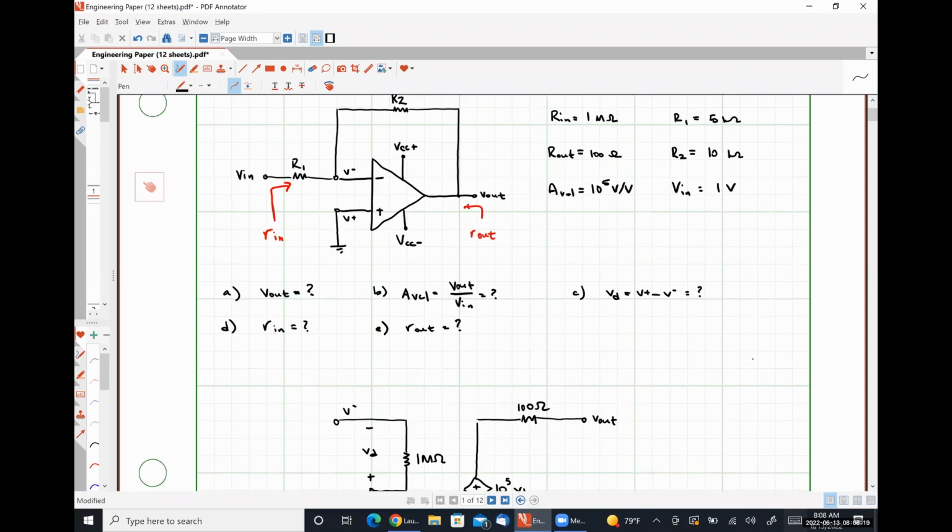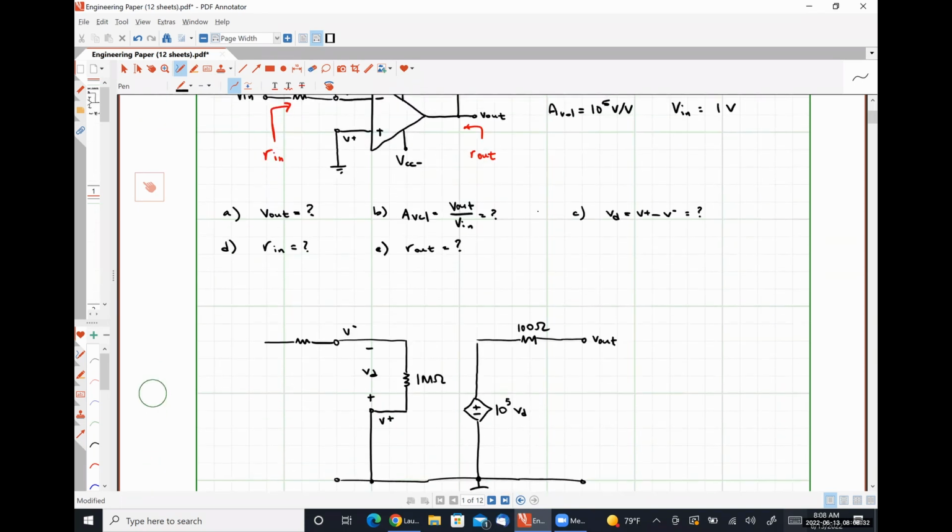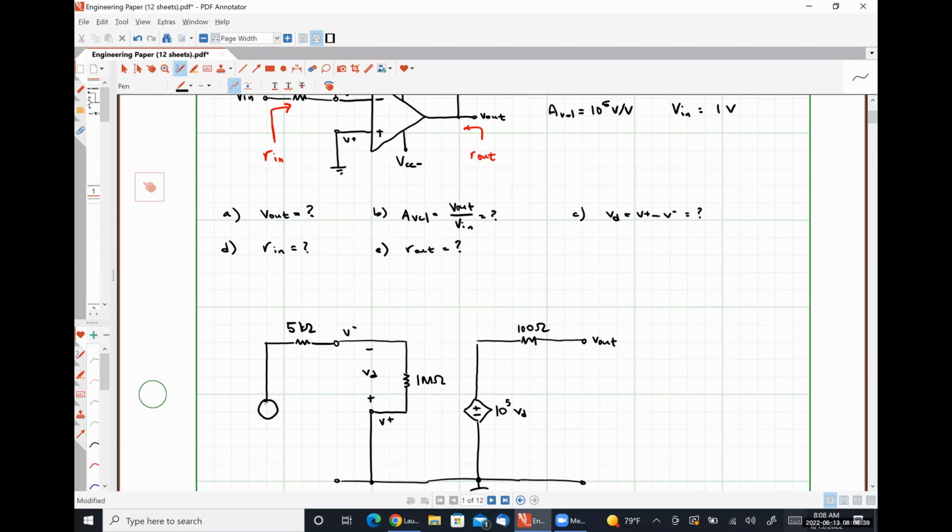Between my inverting input node and ground, I have a resistor R1 in series with my input voltage, where R1 was 5 kilo ohms and Vin was 1 volt.